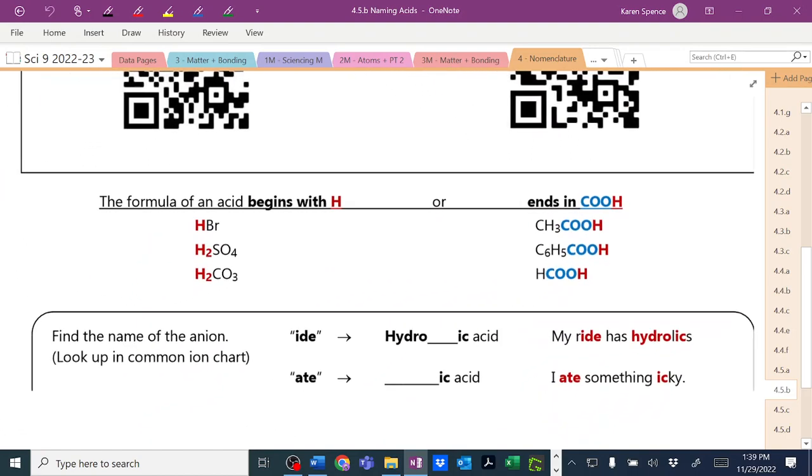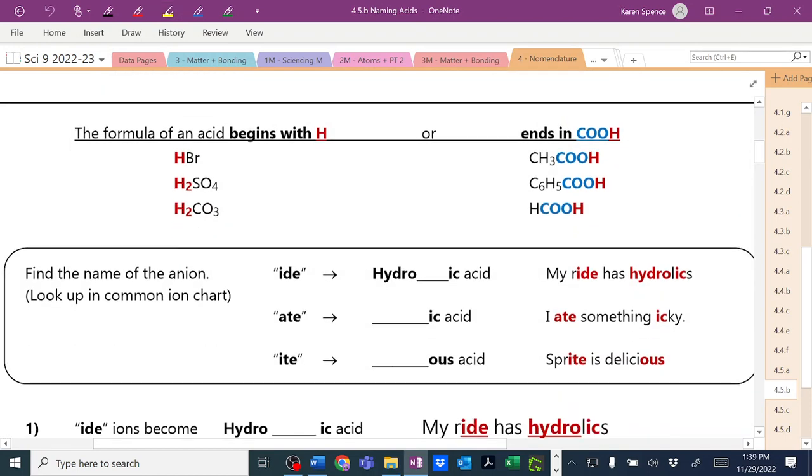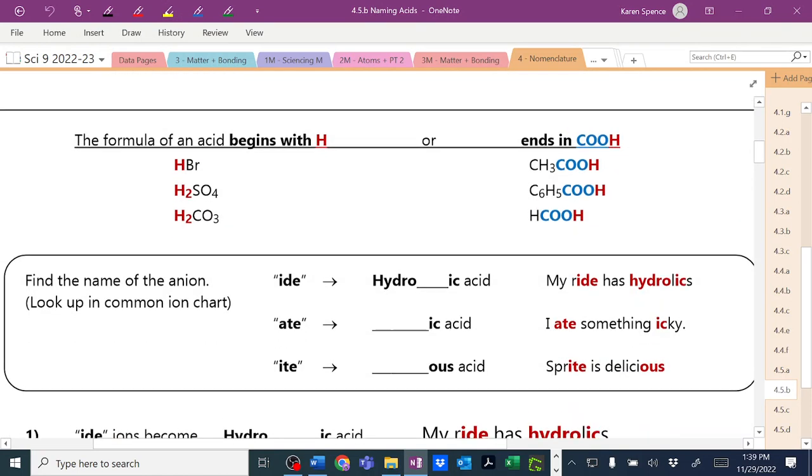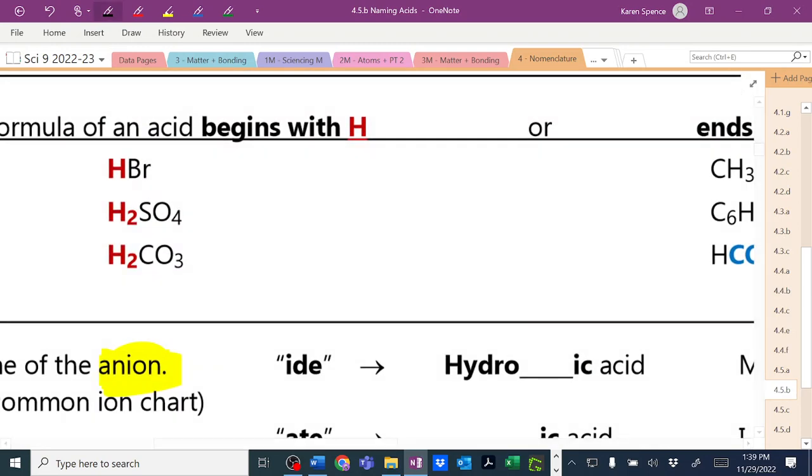So first of all, we have begins with H, ends in COOH. What you are going to do is you are going to look up the name of the anion. Okay, so we have a Br or an SO4 or a CO3. We're going to look up that name.